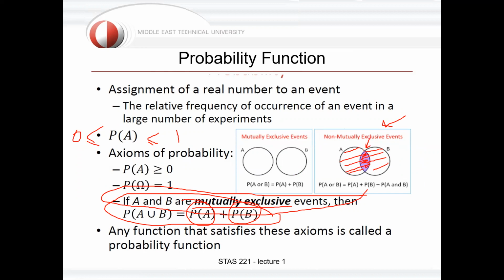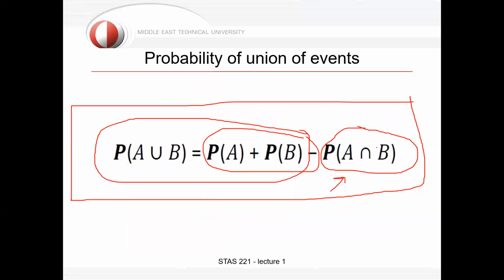And that's the reason we should subtract this one from the summation of the marginal probability at least once. And if the number of sets increases, the formula can be generalized, and we should change the sign again and again when the number of sets increases. But anyway, in two sets, it's easy to explain, and you can see why.